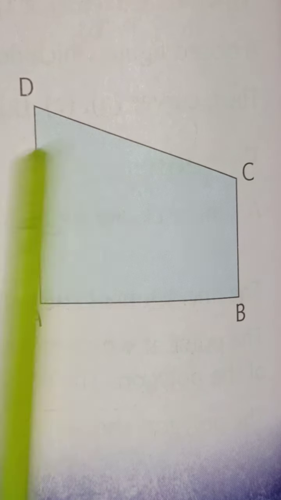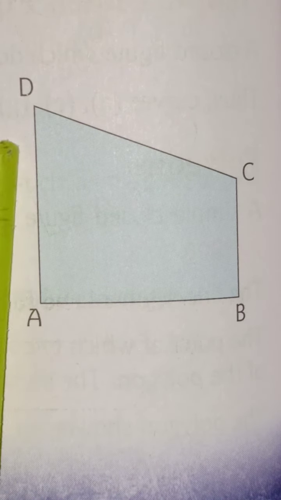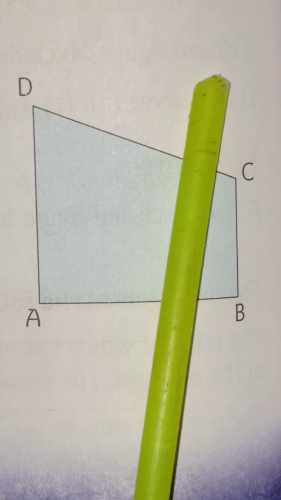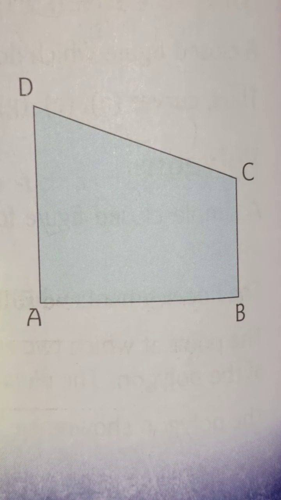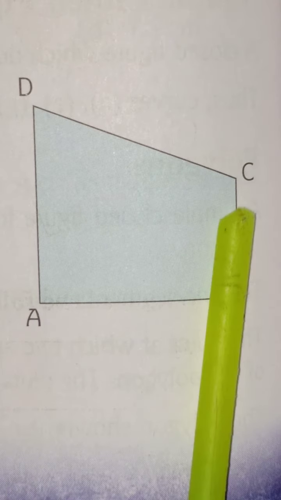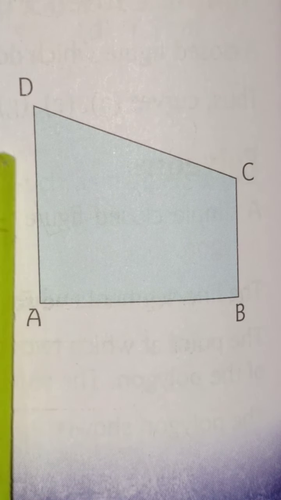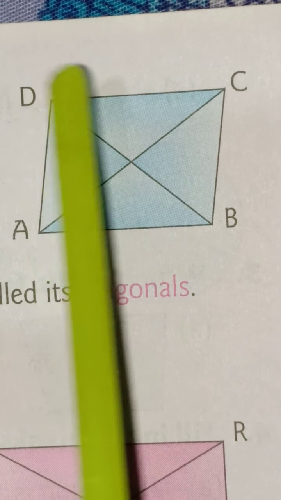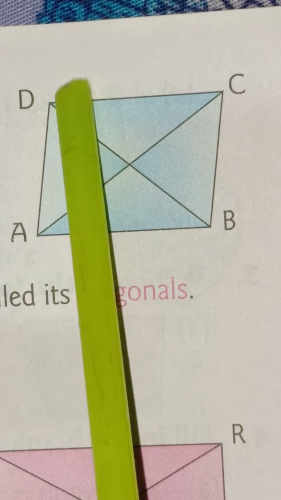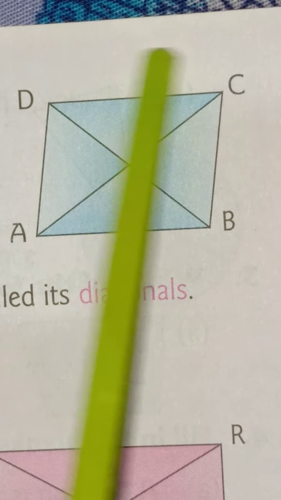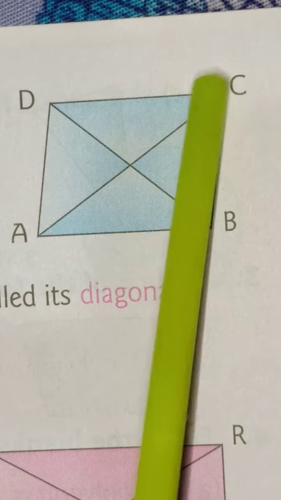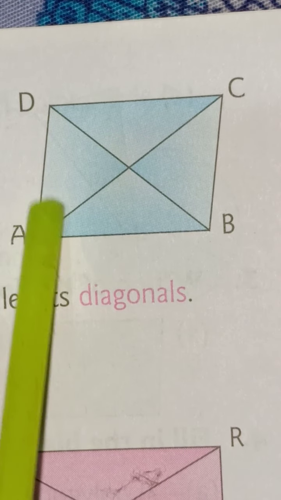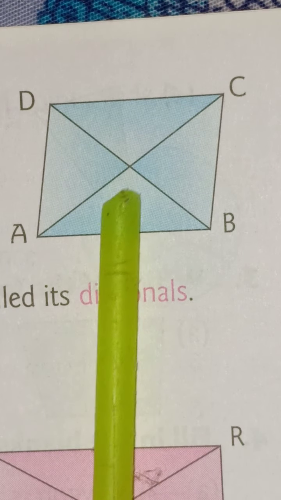It has 4 vertices and 4 sides. What are the 4 sides? AB, BC, CD, and DA. And the 4 vertices are A, B, C, and D. In quadrilateral ABCD, AB and CD make one pair of opposite sides. BC and AD make another pair of opposite sides.